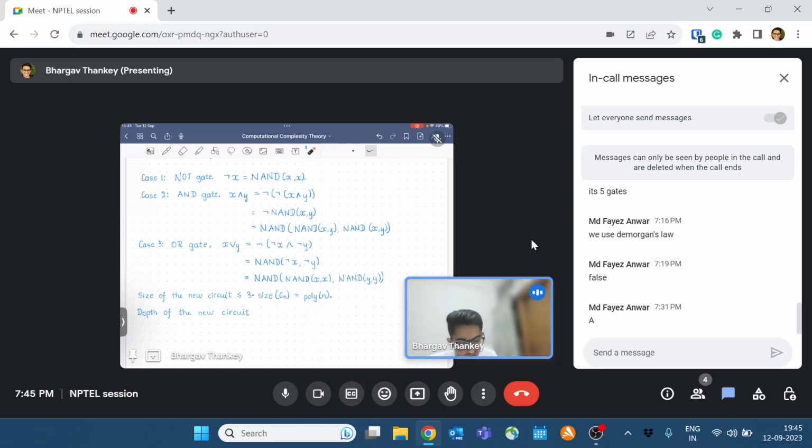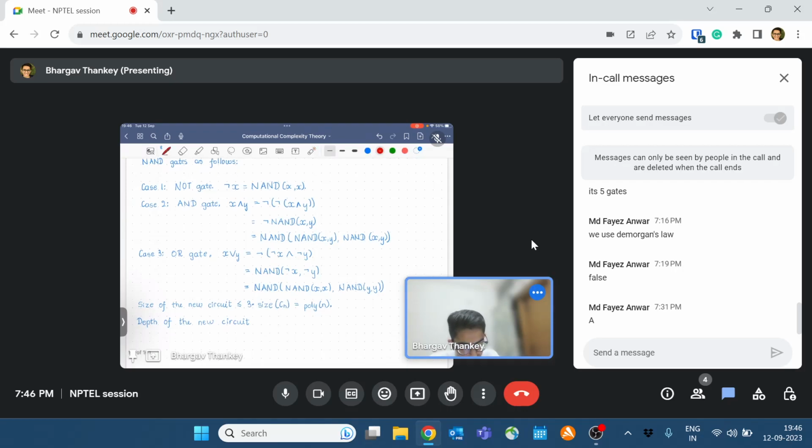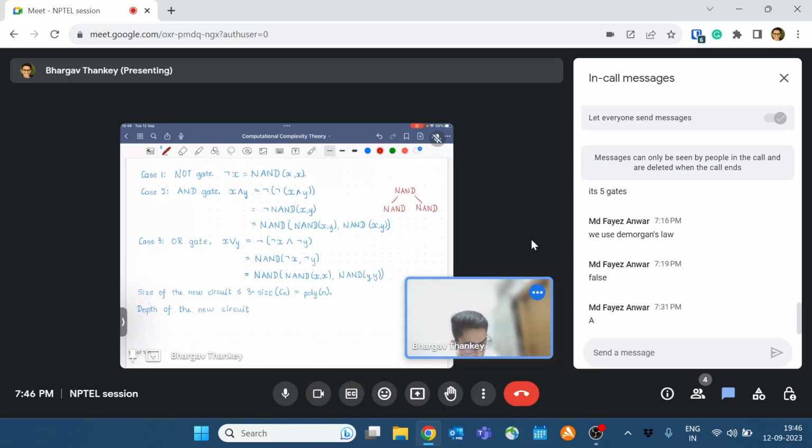First of all, the replacement of NOT gates does not increase the depth, because I'm replacing one NOT gate with one NAND gate. However, over here, this blows up the depth by a factor of two.